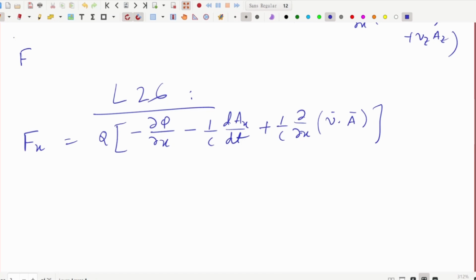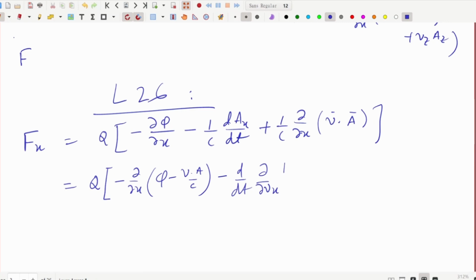This can be rearranged as q times minus del x phi times v dot A by c, and then d/dt of del Vx of phi minus v dot A by c.